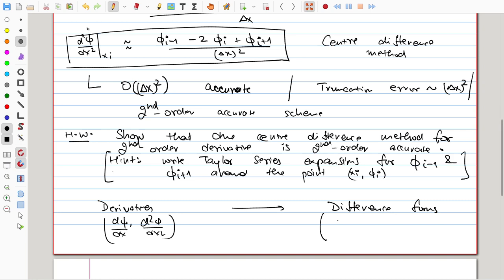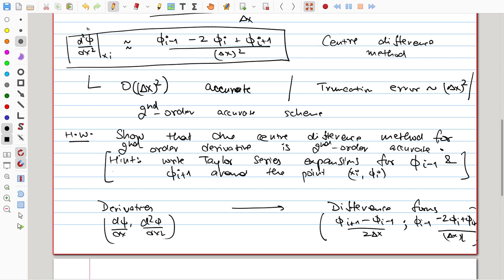So for d phi by dx, center difference was phi i plus 1 minus phi i minus 1 upon 2 delta x, or for the second case it's phi i minus 1 minus 2 phi i plus phi i plus 1 upon delta x squared. So these all are difference forms, right? You can see that there is some sort of a difference between phi values.